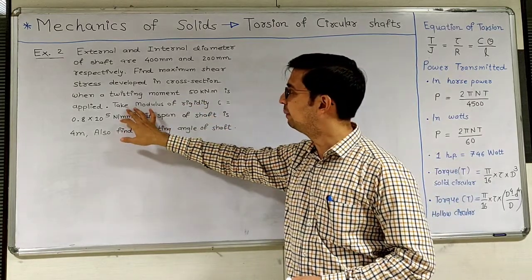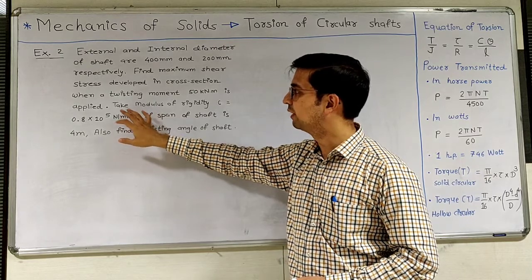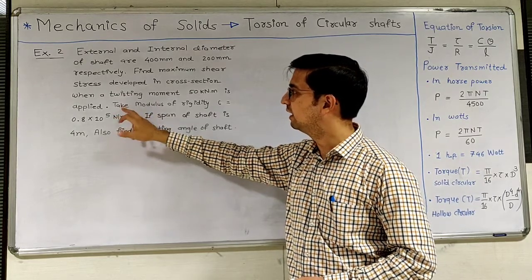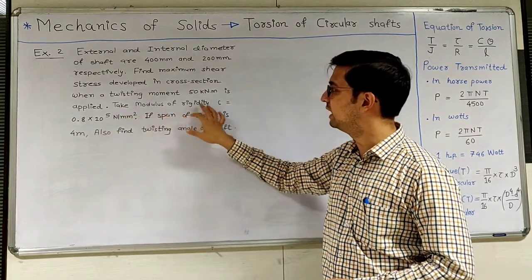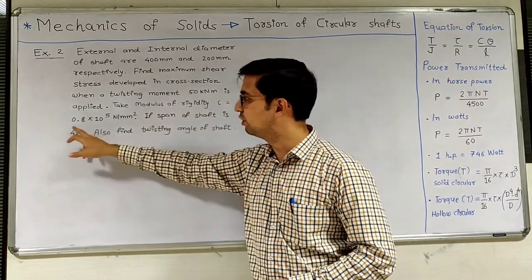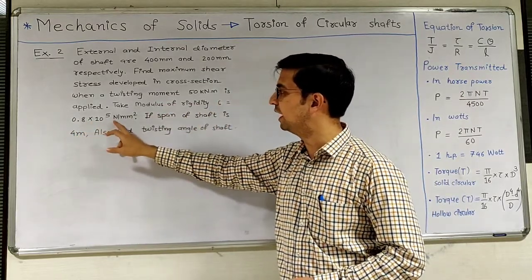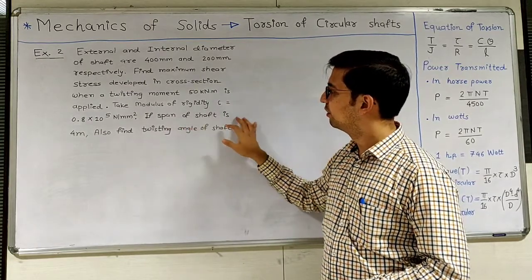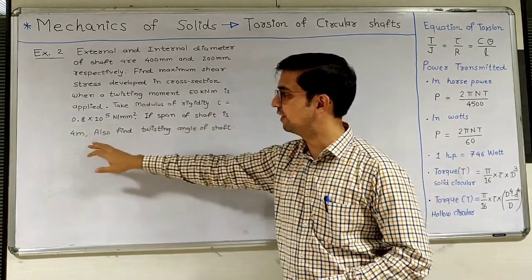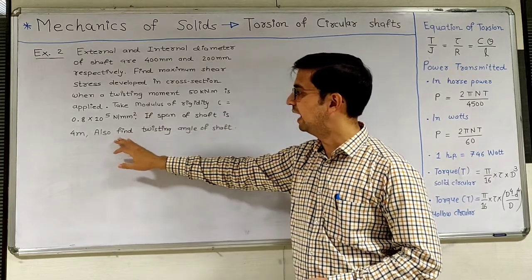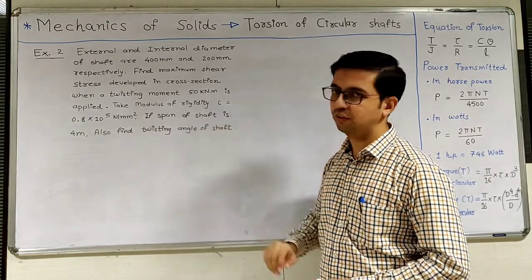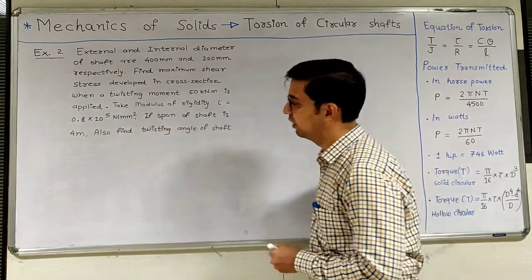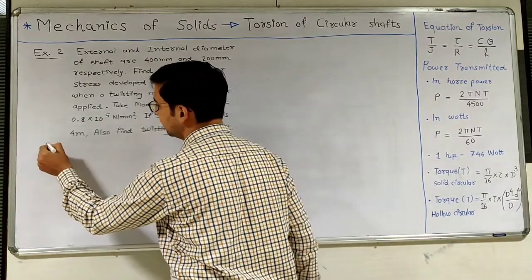So we need to find the maximum shear stress tau. Next, take modulus of rigidity C as 0.8 into 10 raised to 5 Newton per mm square. If the span of the shaft is given as 4 meter, find the twisting angle of the shaft also. So let's first note down the given data.